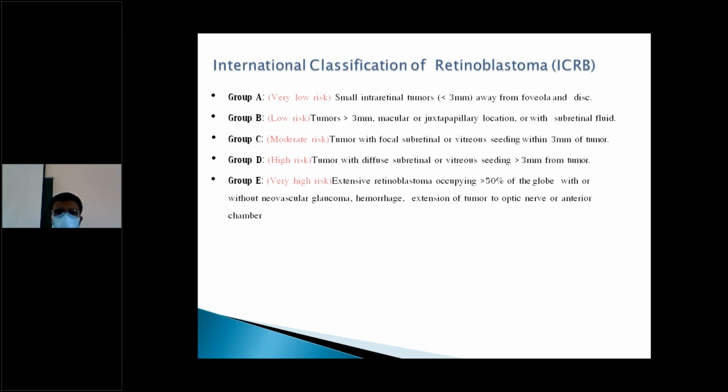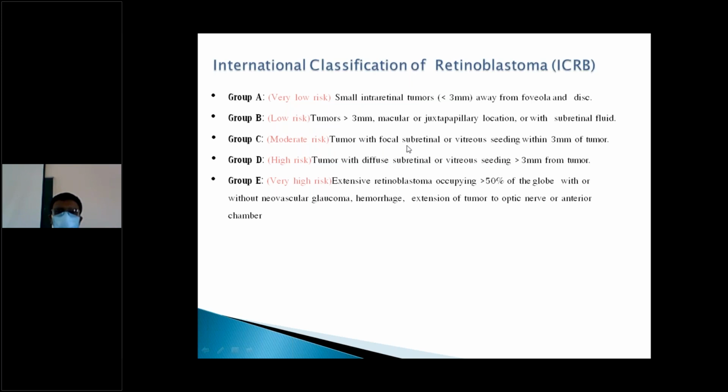It is the point where light rays converge and reach the optic nerve, and from the optic nerve, the visual cortex. So the tumor is large, more than 3 mm, situated within 3 mm from the center of the fovea. It has a low risk.